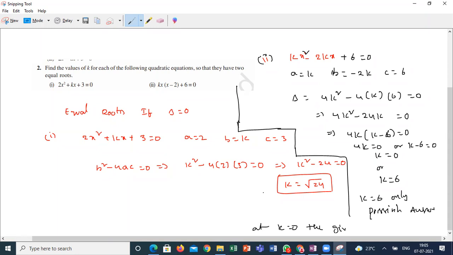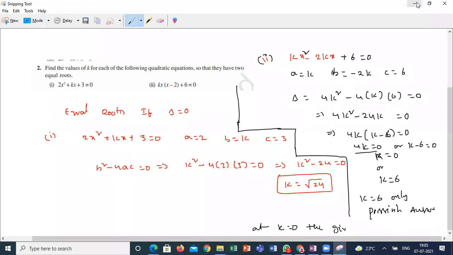When 4k is 0, that means k is equal to 0. Yes, sir, now I got it. At k is equal to 0, the given equation itself is not a quadratic equation. You are getting 6 is equal to 0. So at k is equal to 0, the equation is not valid. That is the reason k is equal to 0 is not a possible answer for this situation. That also you have to mention for the perfect answer.